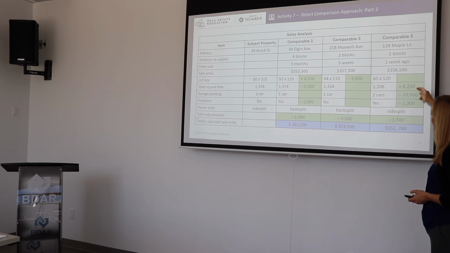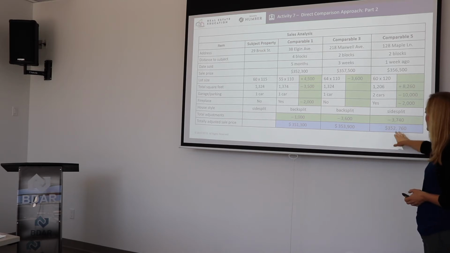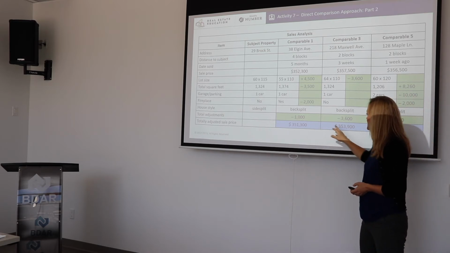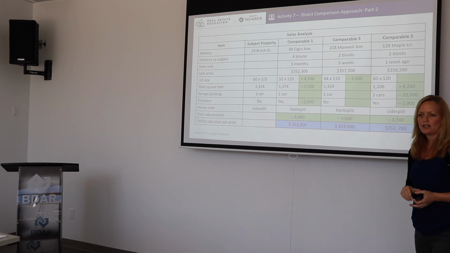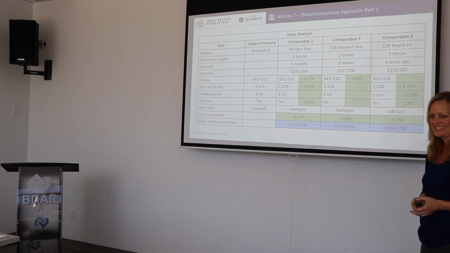Total adjustments, add, subtract. We have a total adjustment of minus 3,740, which we take away from the sale price, leaving us with the totally adjusted price. So you have 3 new prices for each comparable. Can you see how they're all a lot more similar to the subject?